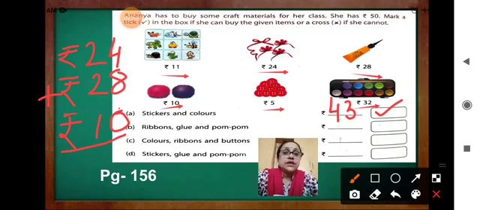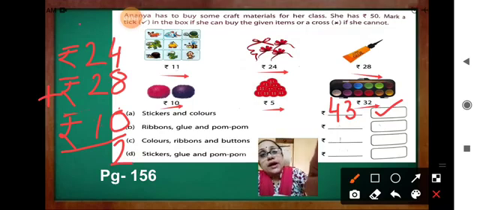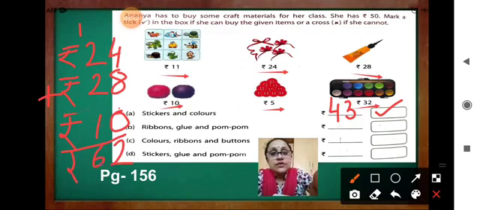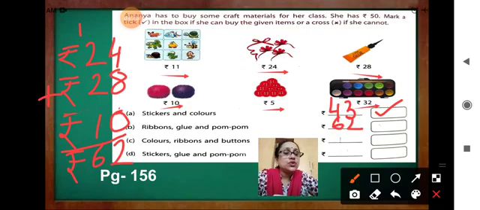Now 4 plus 8, 12. 12 plus 0, we get 12 only. So you write 2 here and 1 will be carried over. Correct? Now 1 plus 2, 3. 3 plus 2, 5. 5 plus 1, what are you getting? 6. So rupees 62. Now write here rupees 62. She can buy or not? No, she cannot. So put a cross there.